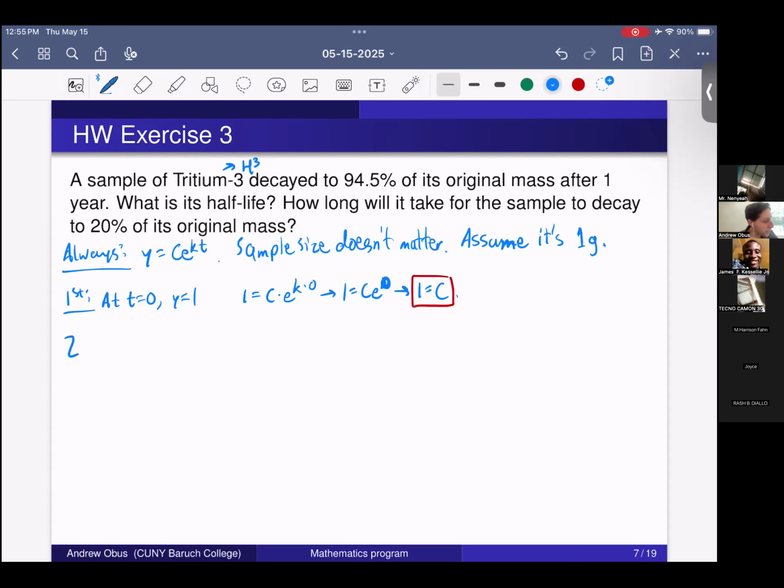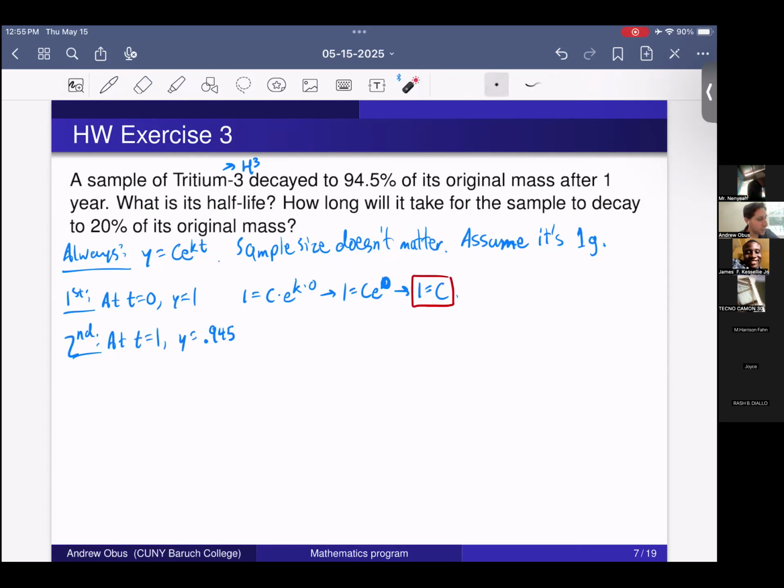Now we can use the second piece of information, which is that after 1 year, it decayed to 94.5%. This is the decay equation, exactly. So at t equals 1, y shouldn't be 1 anymore. It should only be 94.5% of 1, so it should be 0.945. That's what 94.5% of 1 is.